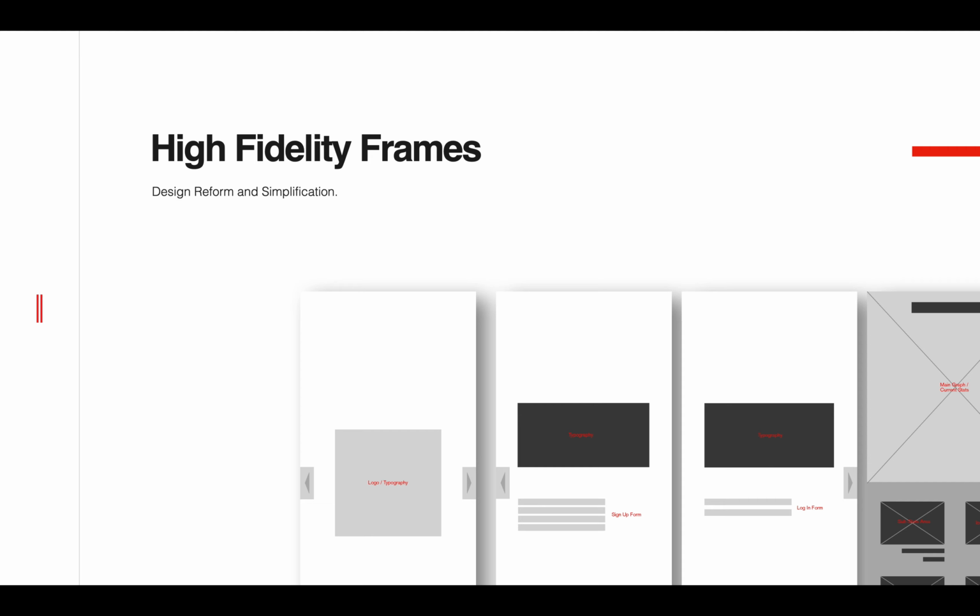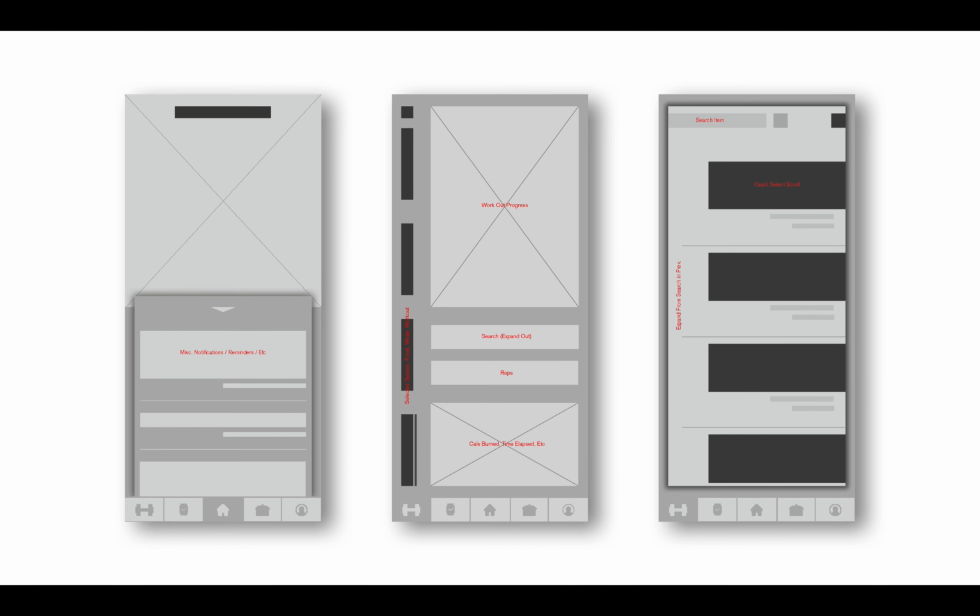It was distracting from the overall goals of the application itself. So we're cleaning up a little bit here, moving from those sketches to these high fidelity frames. And then from these high fidelity frames, we went ahead and stylized them, which takes us further.